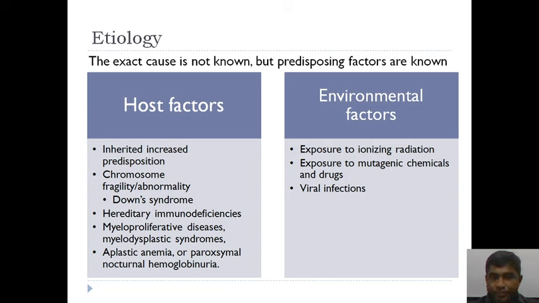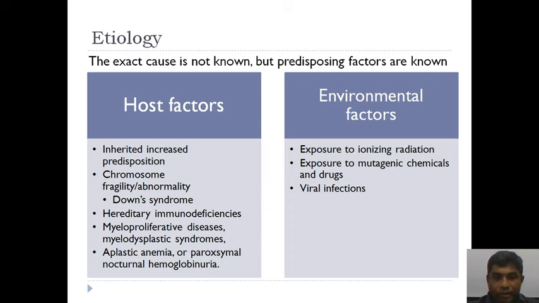This could be abnormal chromosomal breakage syndromes, or syndromes associated with abnormal chromosome numbers, for example trisomies like Down syndrome. There can be hereditary immunodeficiencies, different types of immunodeficiencies in which there is irregular immune regulation, leading on to loss of the checks in the normal differentiation, leading on to acute leukemias.